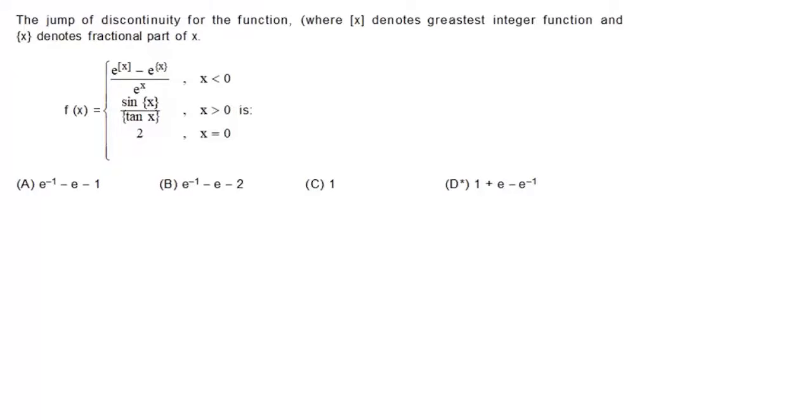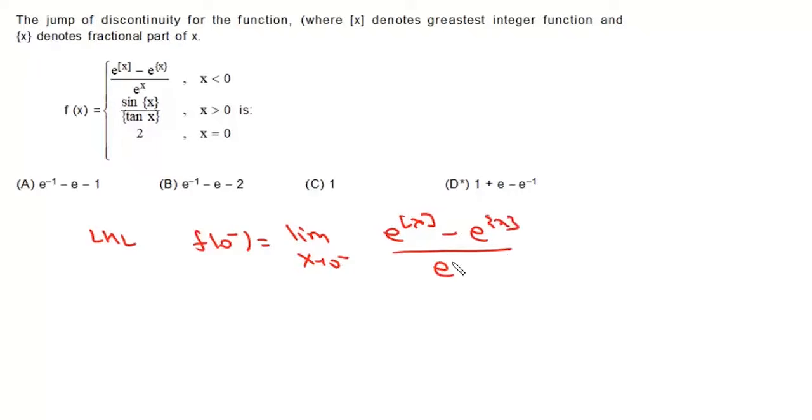Now for this question, we need to find the jump of discontinuity. Now if we look at its left hand limit, it will be f(0 negative), and f(0 negative) is this limit, x tends to 0 negative, of e to the power greatest integer function of x minus e to the power fractional part of x upon e to the power x.